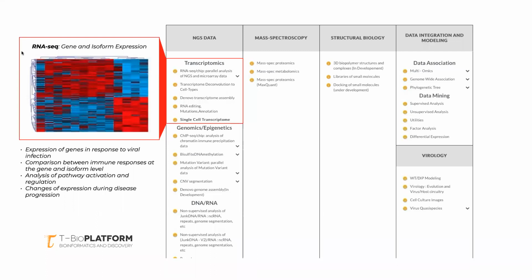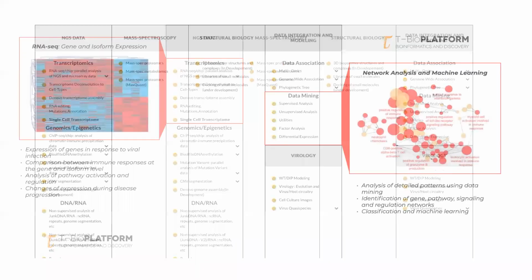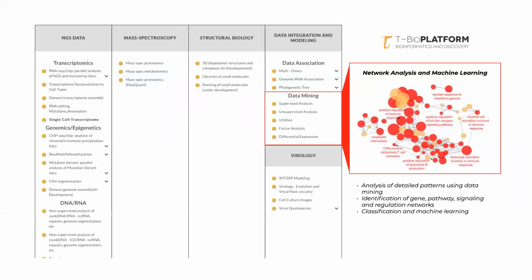We'll be able to map the specific gene and isoform level information onto pathway and gene ontology level of information. But more than that, we'll also be able to use data mining, network analysis, and machine learning to find those signals, integrating some of the data that we find in these large data sets. So we'll be looking at that section as well.